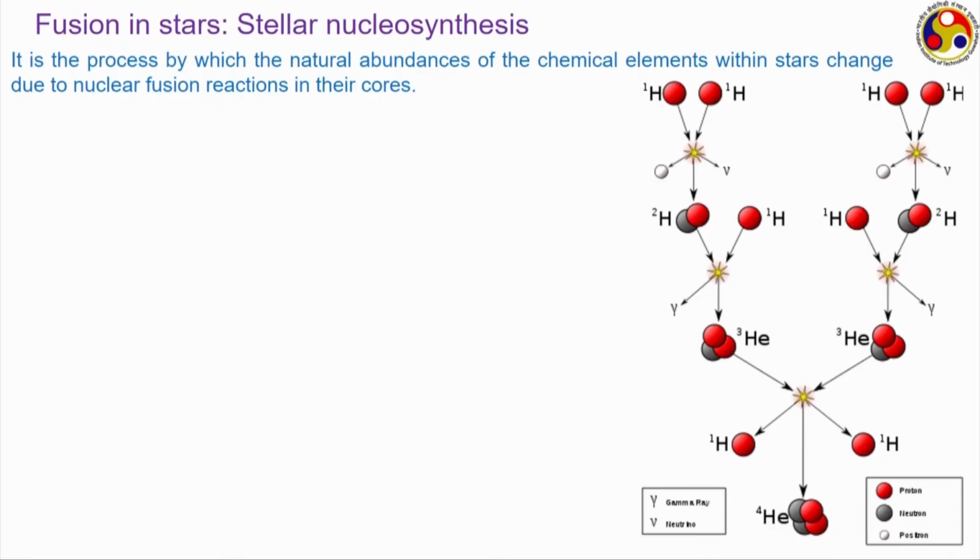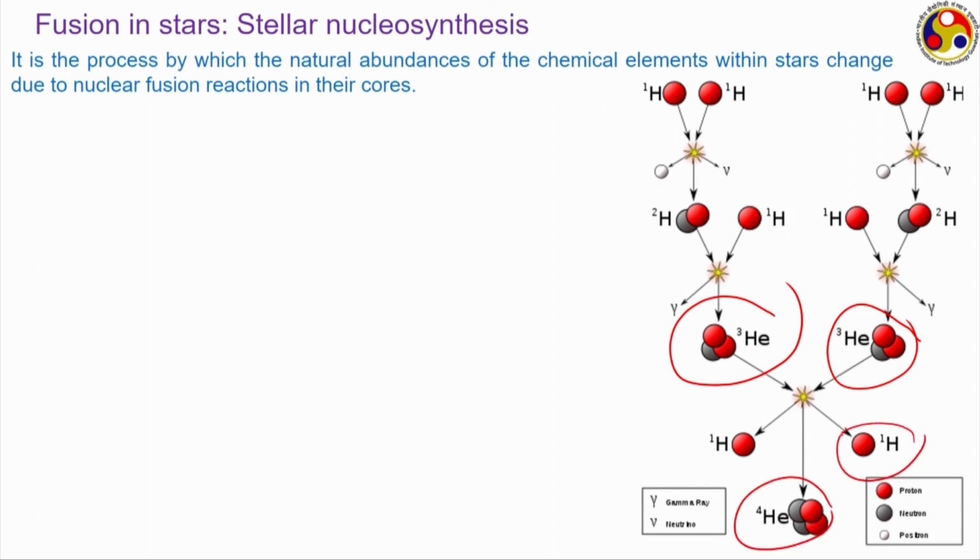This is one example. If initially we consider that the body of the star contained only protons, then two protons can combine together to form a deuterium. The deuterium can combine with another proton to form helium 3, and this helium 3 can react with another helium 3 to produce helium 4 and also two protons.